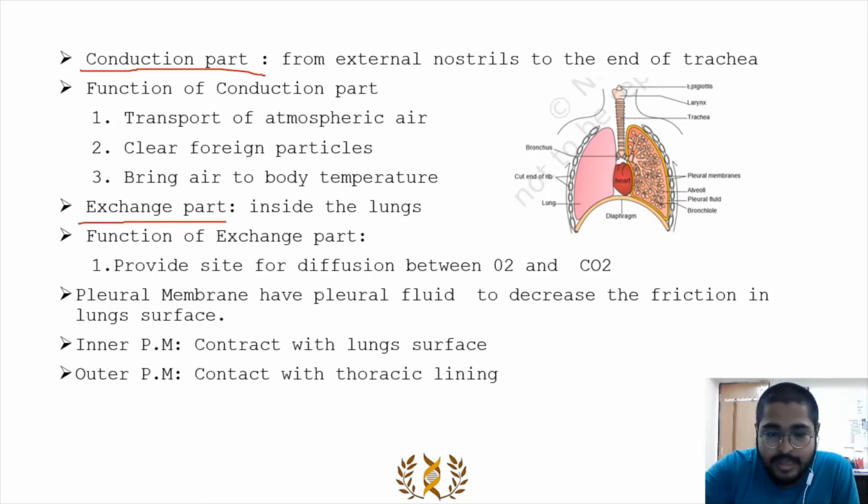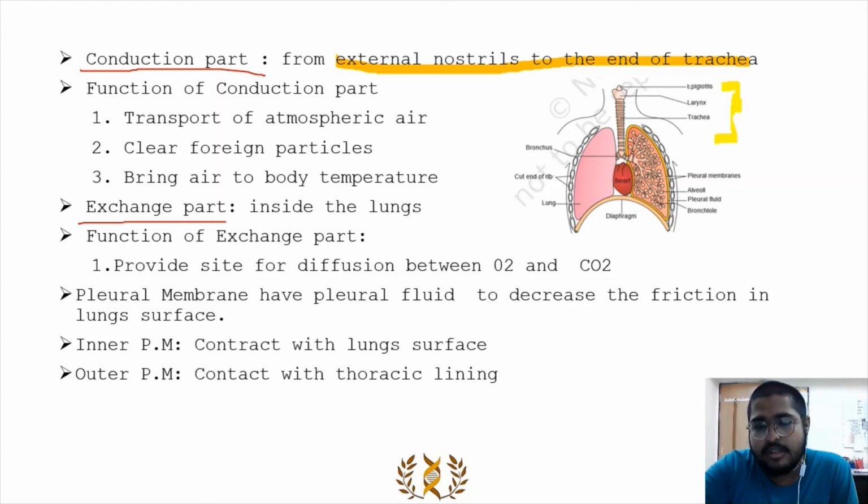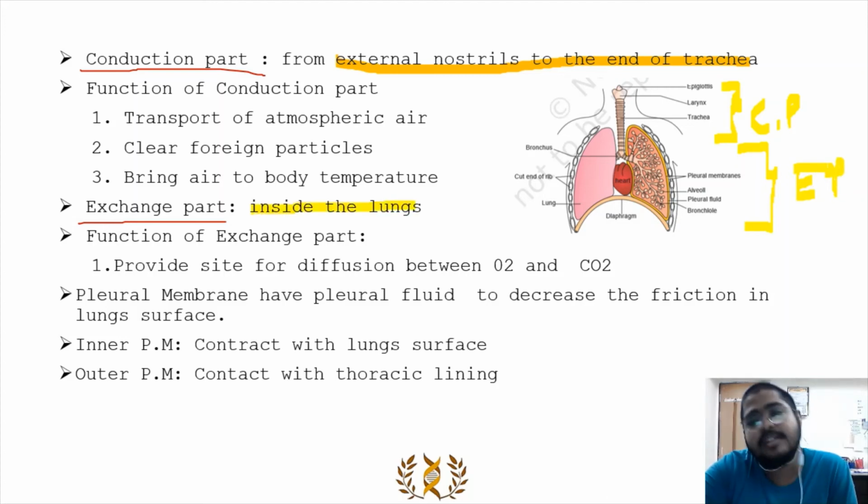Basically, remember that the conduction part starts from the external nostrils and extends towards the trachea. This region is the conduction part. And then the next region, the whole region inside the lungs, is the exchange part.